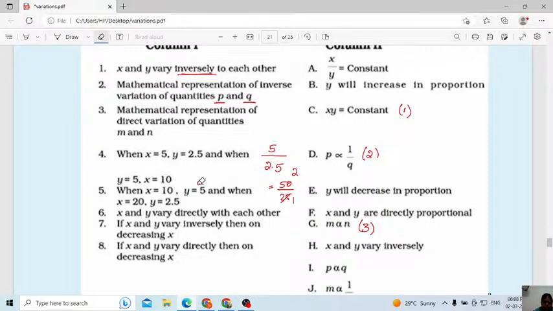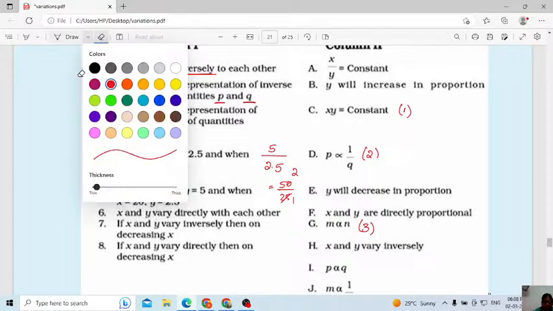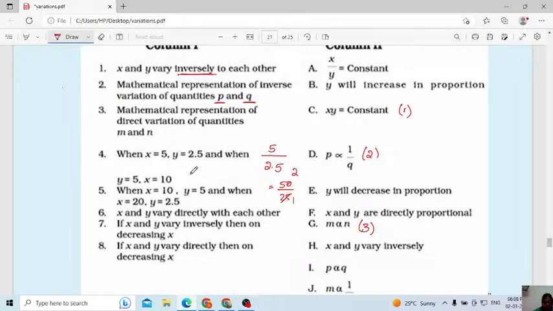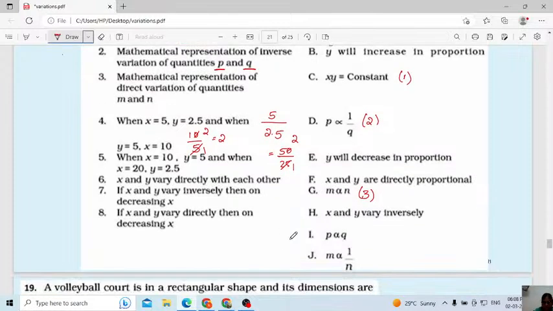Don't get confused. Then here the value will be 10 by 5, 5 ones are 5, 5 twos are 10. Here the ratios are constant, therefore they are directly proportional to each other. Then what is the answer? For the fourth, the answer will be F. Very good. X and y are directly proportional to each other.